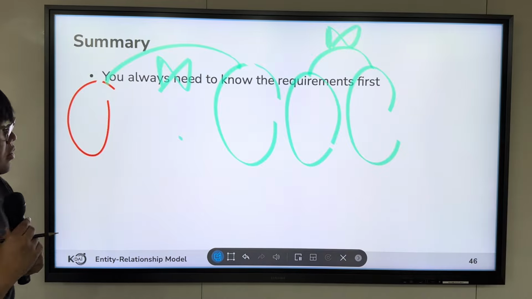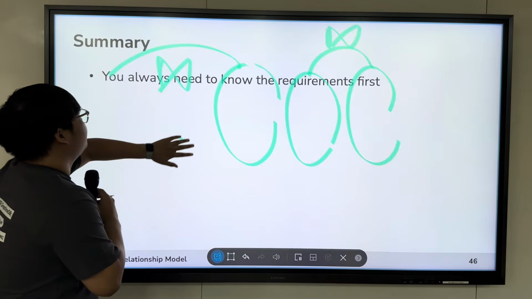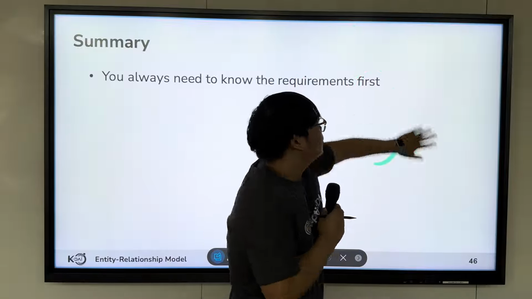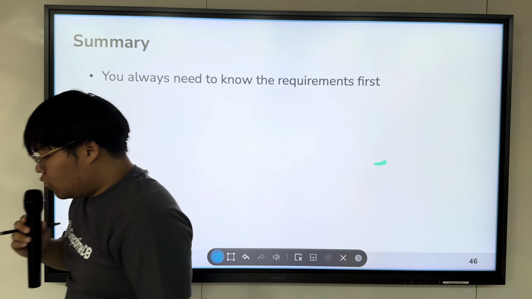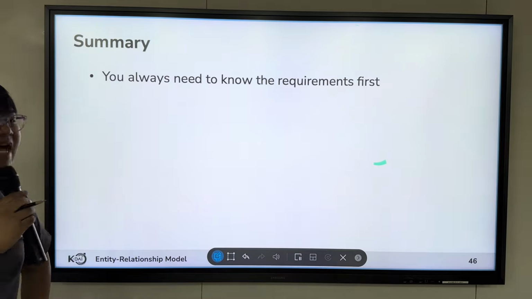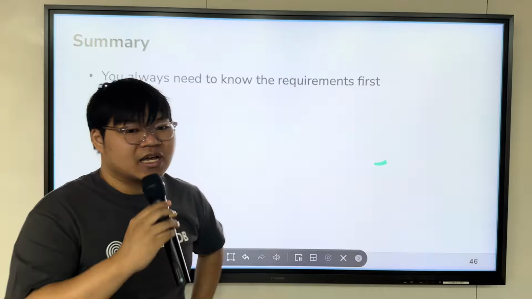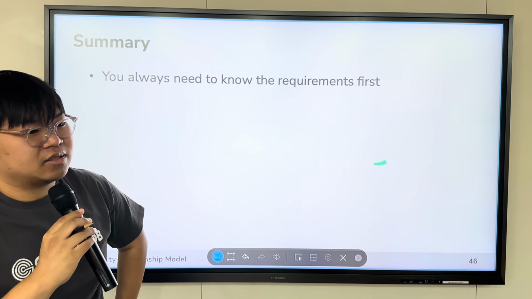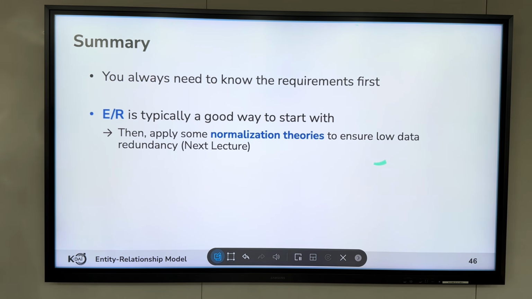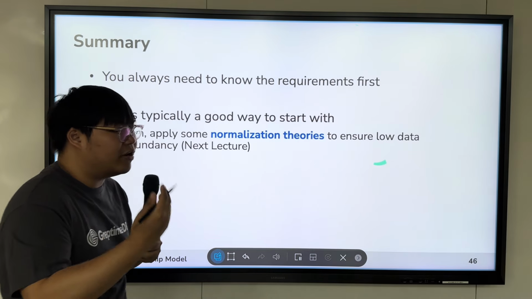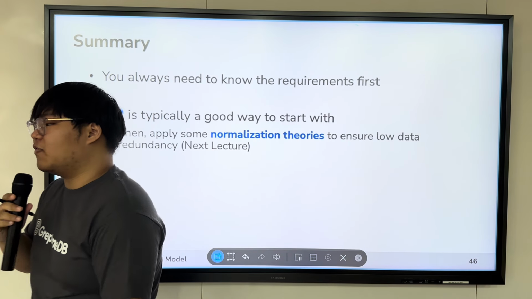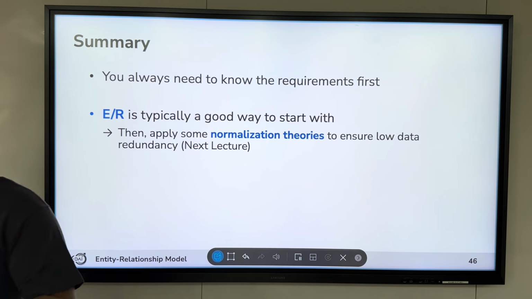So, in order to design a good database schema that doesn't have many problems, first, you always need to know the requirements. And you should break down the requirements into a list of functional requirements. Okay? Next, one of the good ways to start is to draw ER diagrams from the list of functional requirements.